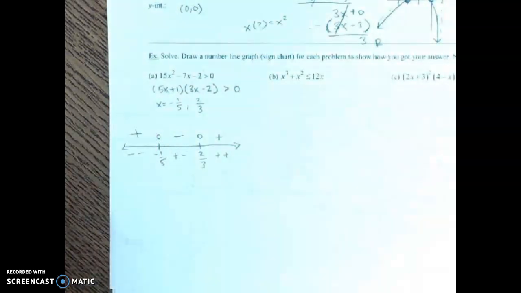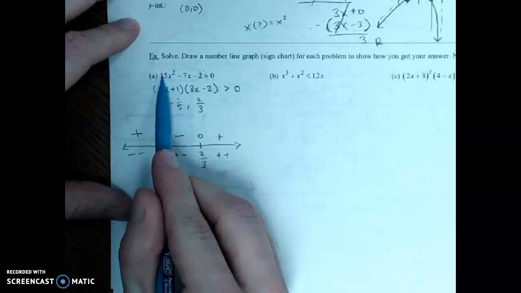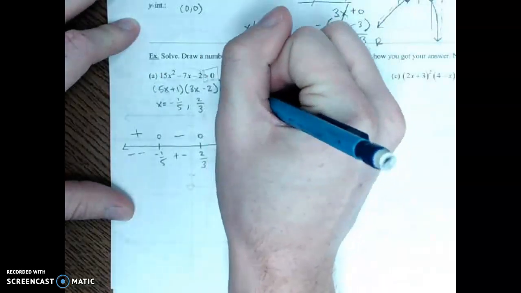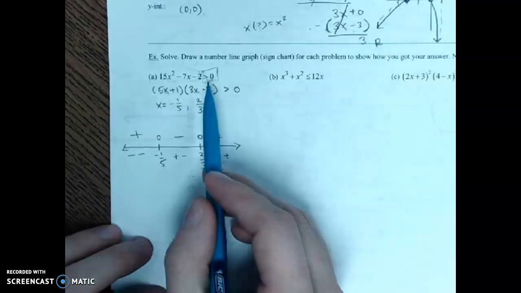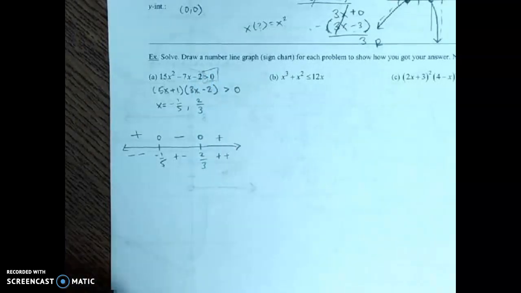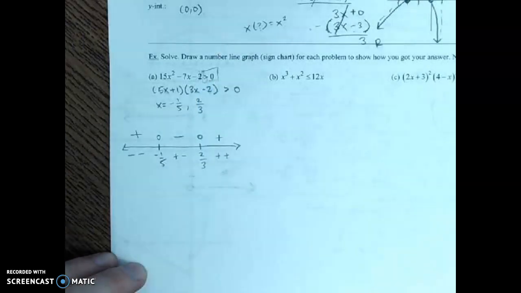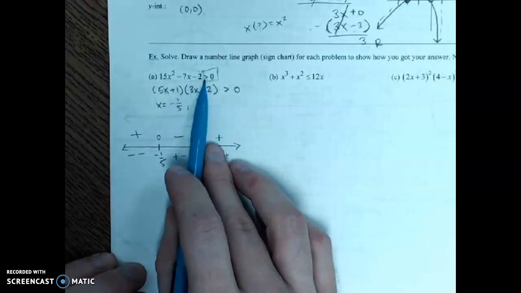Right? And here we were trying to figure out where is this graph positive. So this isn't the answer, but it's all the work that we need to get the answer. But the final answer is I have to collect all of the intervals, all of the values of x that satisfy this inequality. So I want all of the things that produce out positives, and only positives. I don't want the zeros because it's non-inclusive.